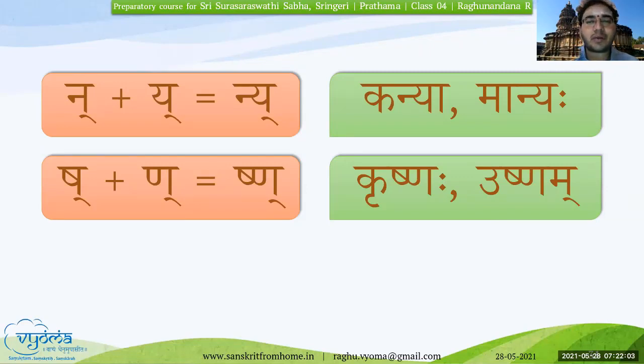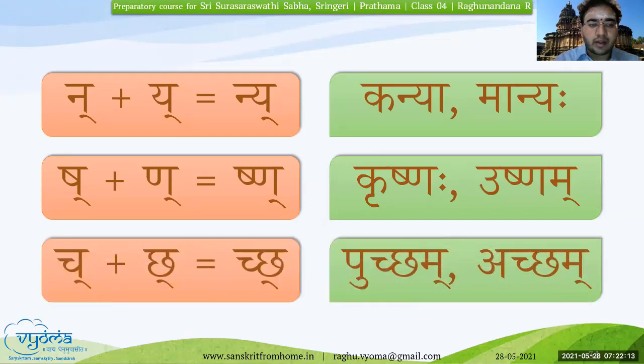This is the sound that we should get. Most common examples: Krishnaha, Ushnam. Another example we will see: Ch and Ch form Ch. Ucham, Acham. These are the pronunciation of these words.